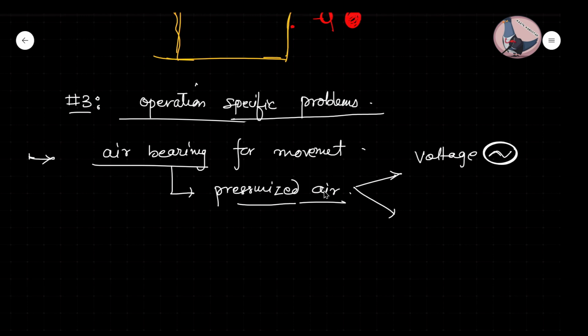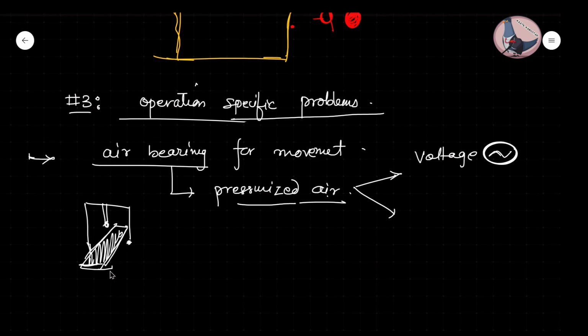If this pressure of air fluctuates, then the air bearing, whatever air cushion you are forming, will also fluctuate. If that is fluctuating, then finally the air bearing, like the bridge type here, in between there was the platform, and from the top, the probing system was done.